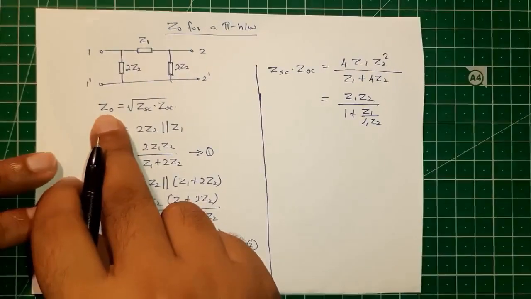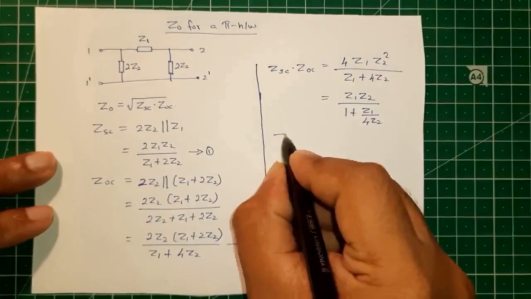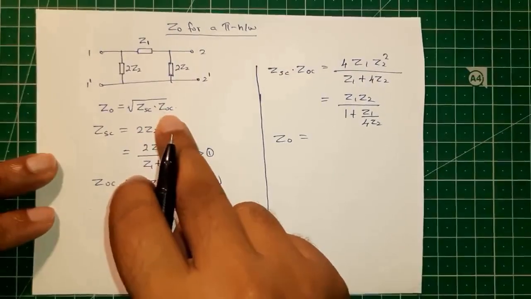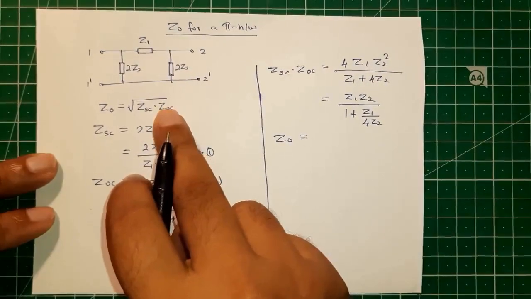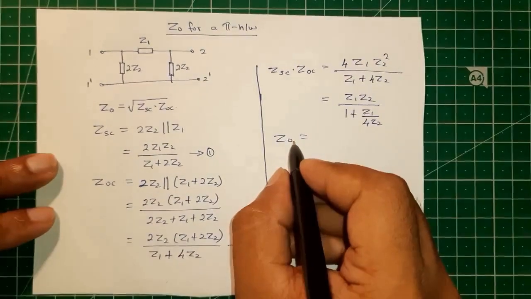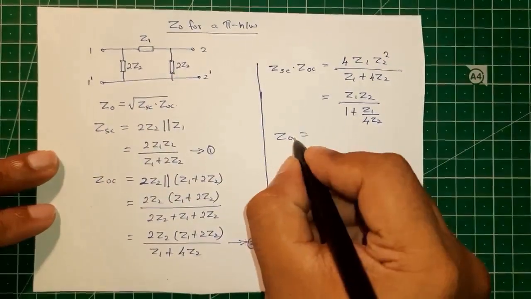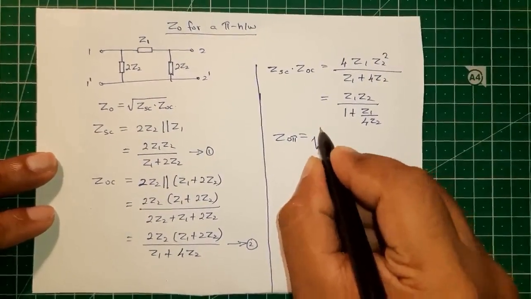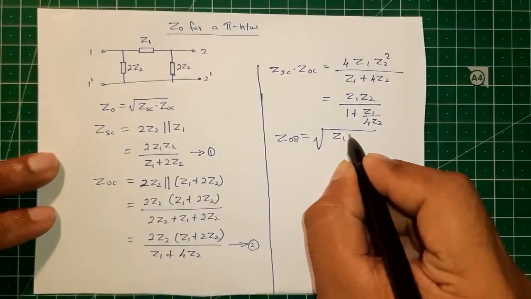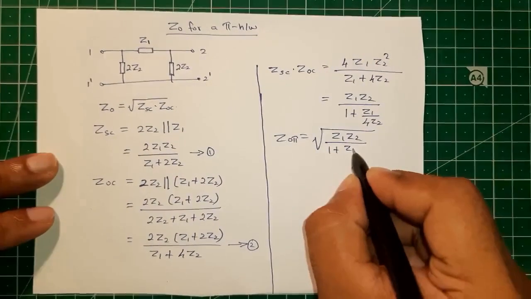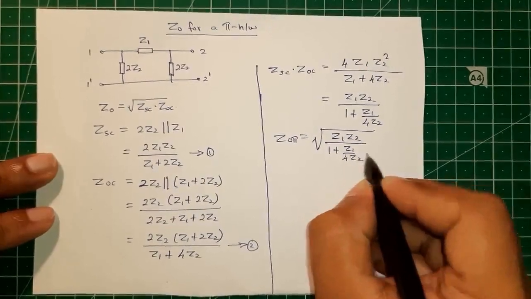So what will be our characteristic impedance Z0? It will be the square root of ZSC and ZOC. So we are evaluating the characteristic impedance for this pi network. So we'll write this as Z0 pi, that is equal to square root of Z1 Z2 divided by 1 plus Z1 by 4 Z2.